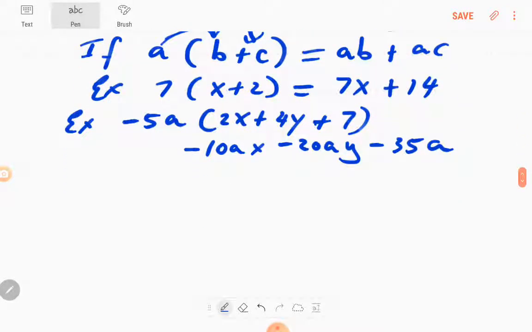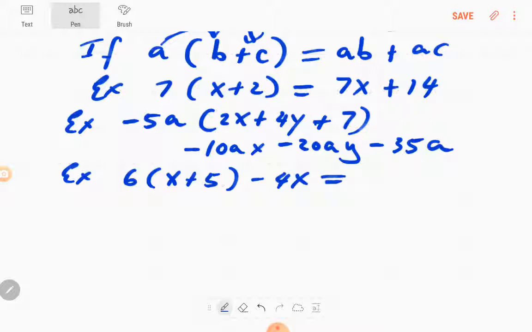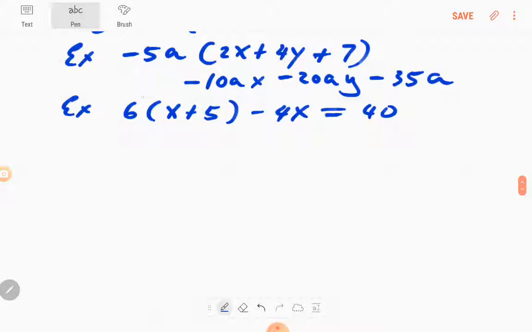Also, we sometimes have to use distributive property to solve a question. For example, suppose we had 6x plus 5 minus 4x equal to 40. So here I'm going to use distributive property.